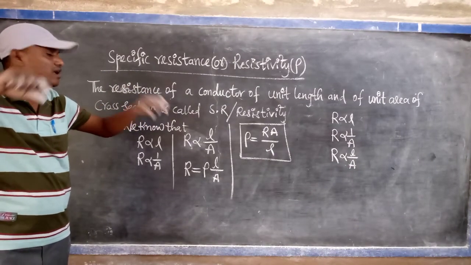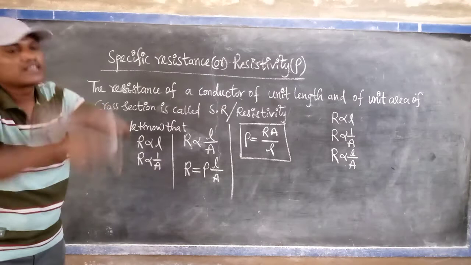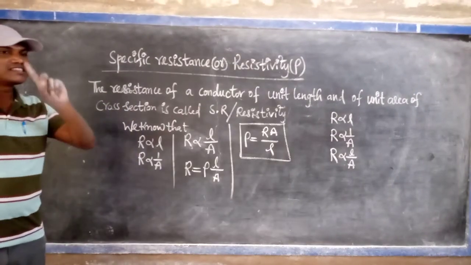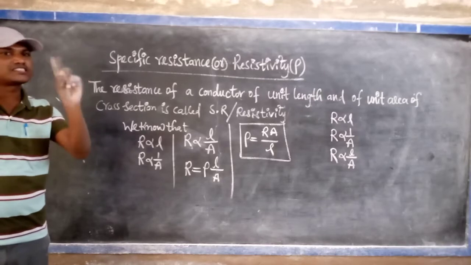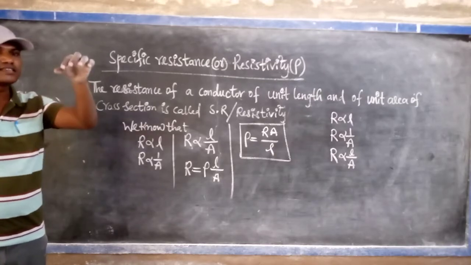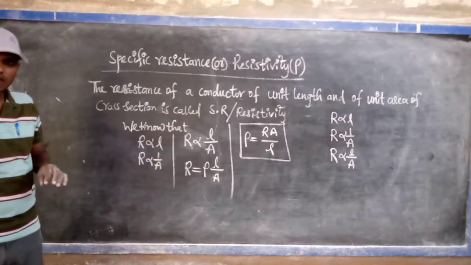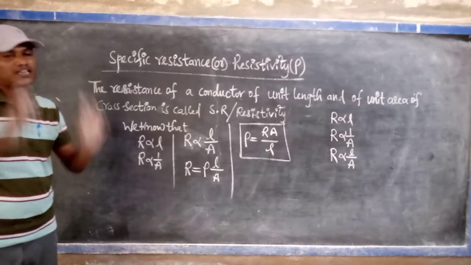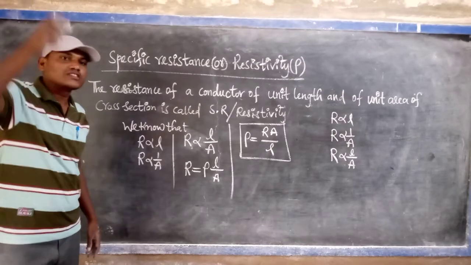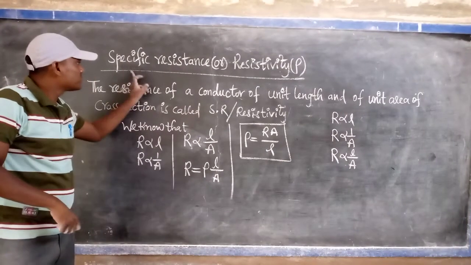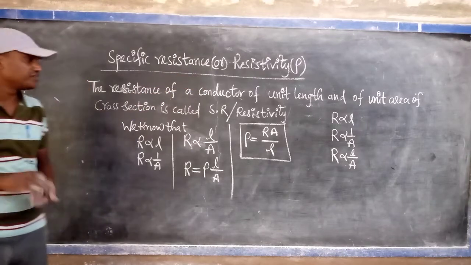The resistance of that conducting wire is called specific resistance or resistivity.